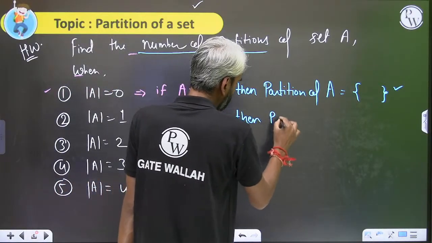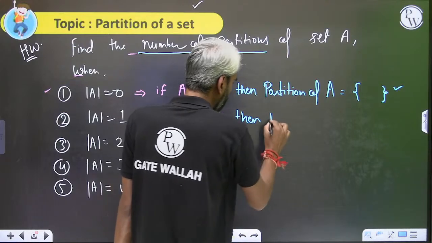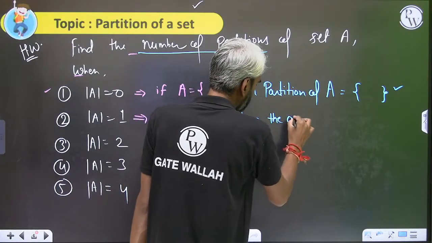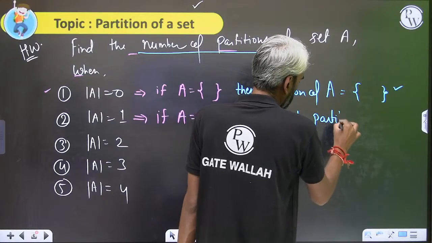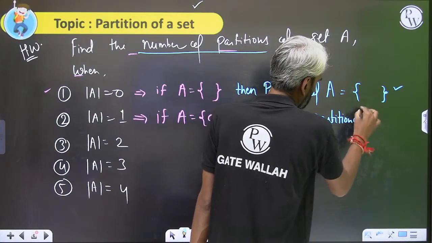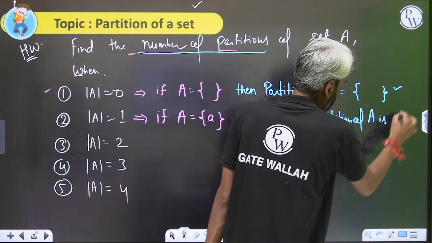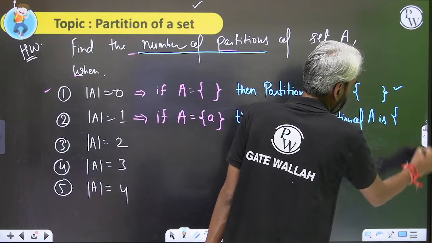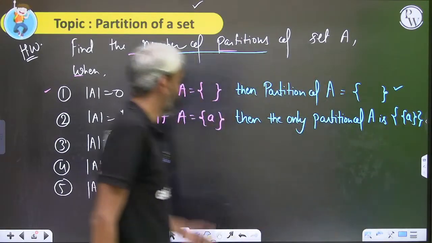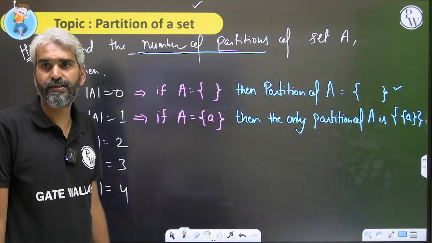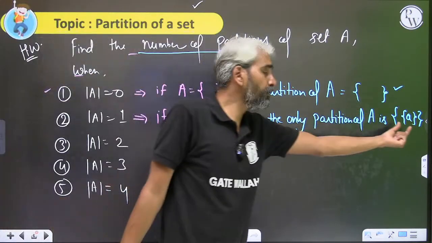Then the only partition of A is a set which contains the non-empty subset, the set A itself. So there is only one partition.